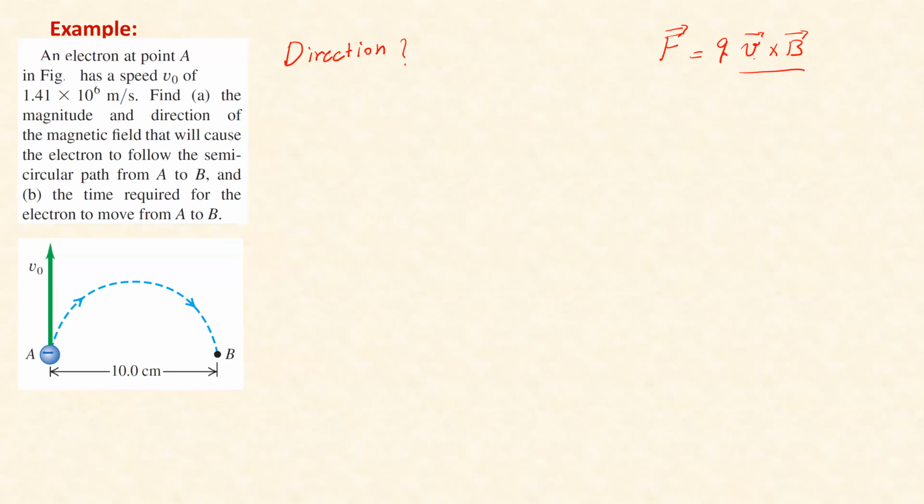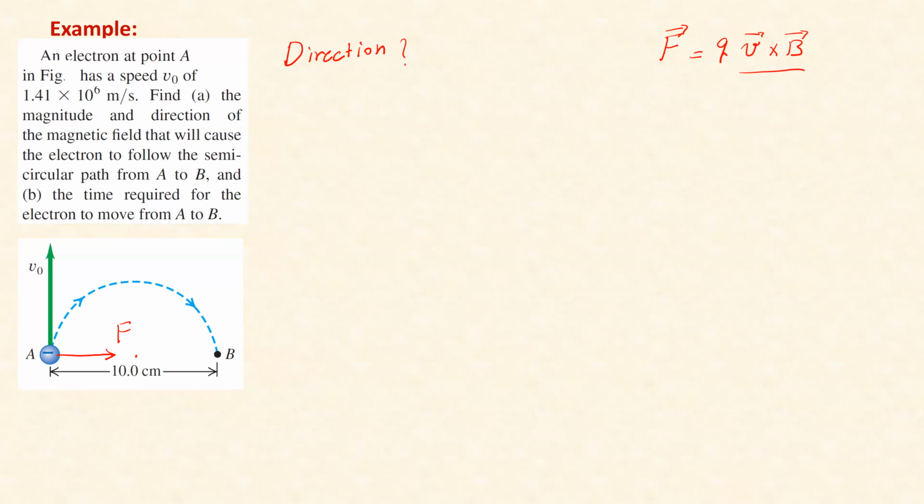So what is the direction of force at this moment that is shown in the figure? See, it's going on a circle. The force is centripetal, right? So the force is in fact this way. The force is in this direction.